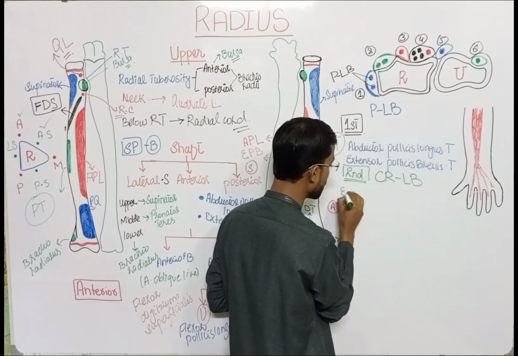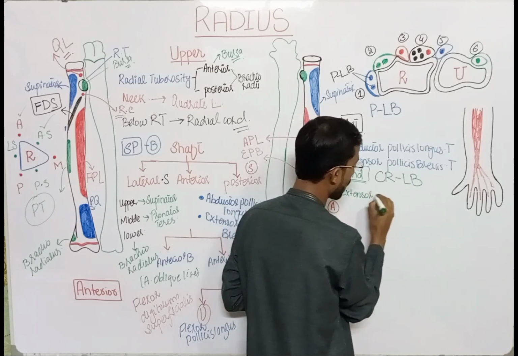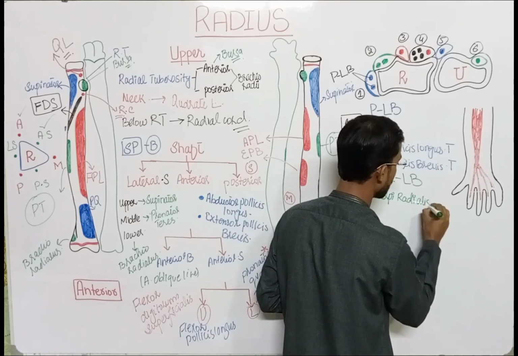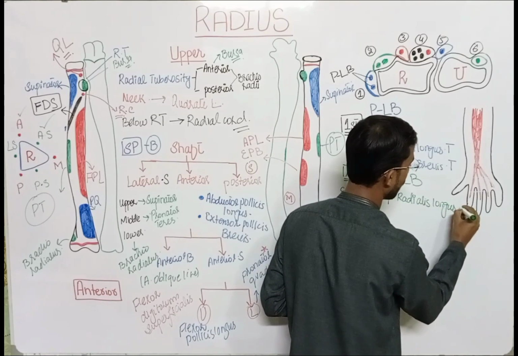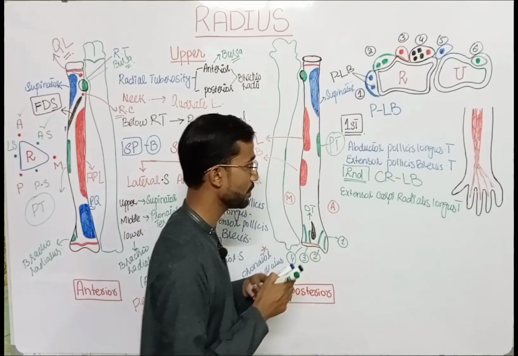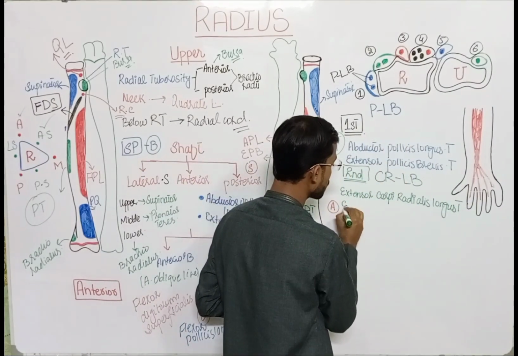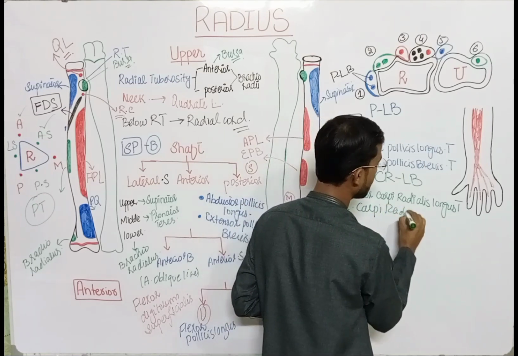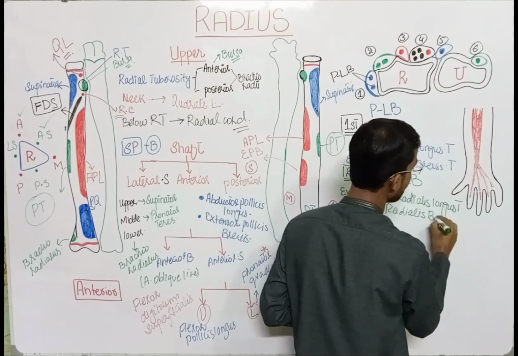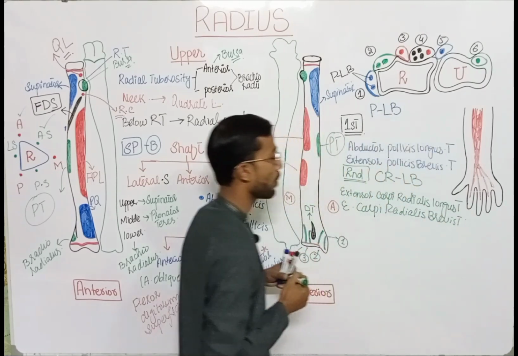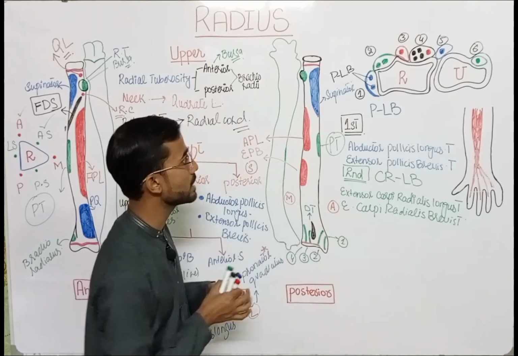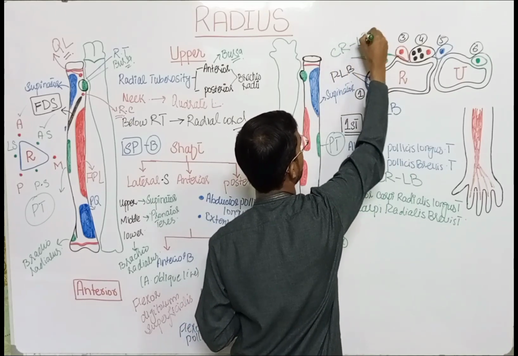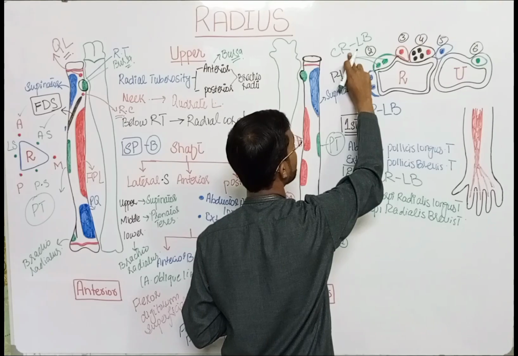In this case, you will see the extensor carpi radialis longus tendon, and also the extensor carpi radialis brevis tendon. So again you see the two tendons, and you can remember it by this ECRL, ECRB: extensor carpi radialis longus, extensor carpi radialis brevis.